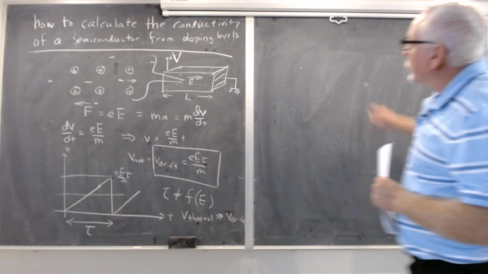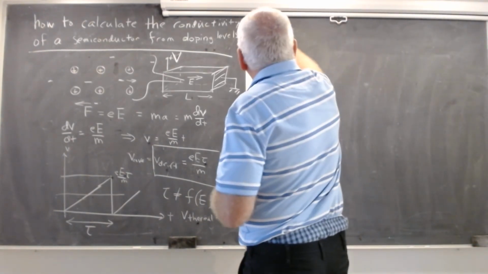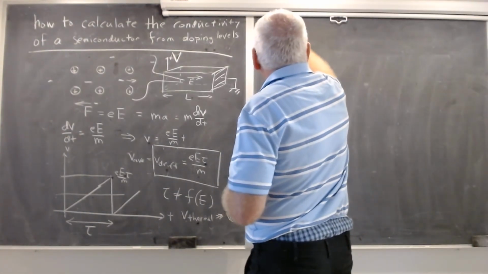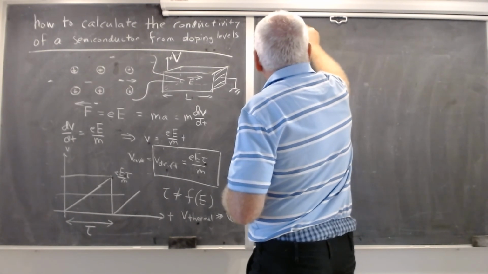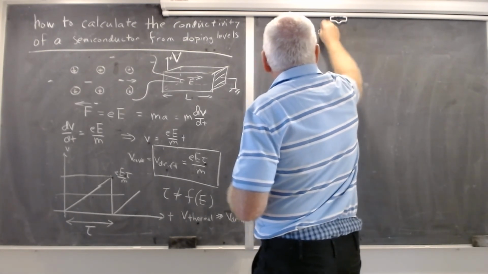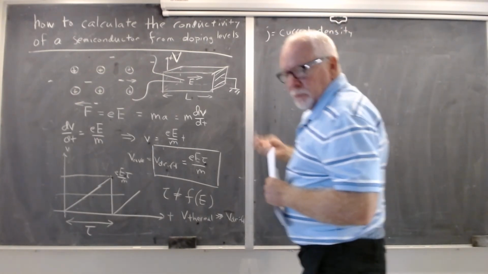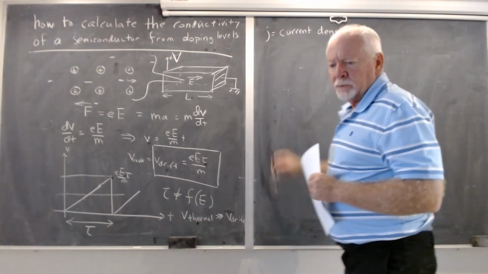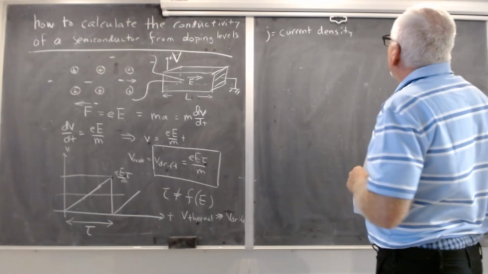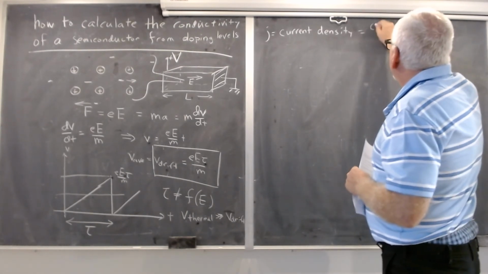we need to calculate J, the current density, which is the current per unit area.